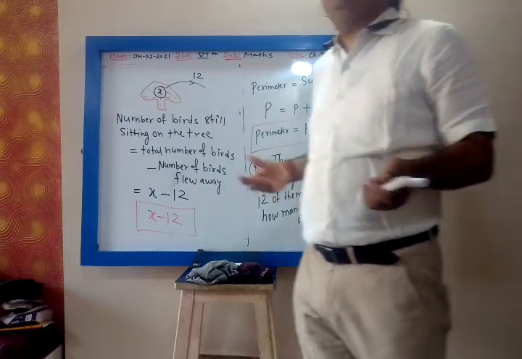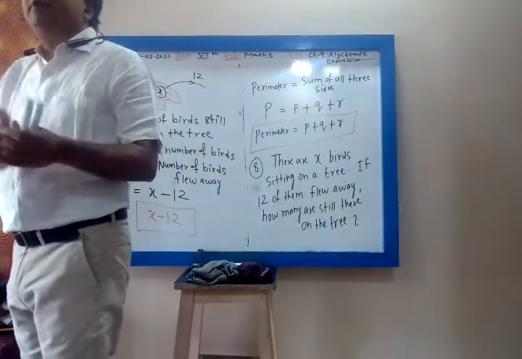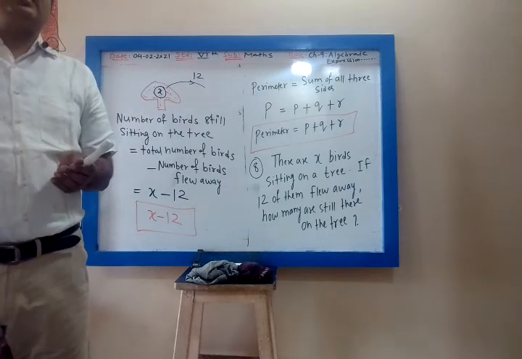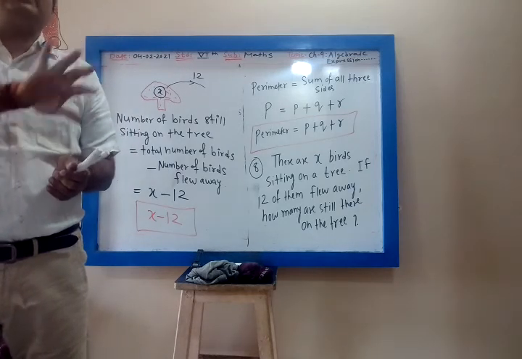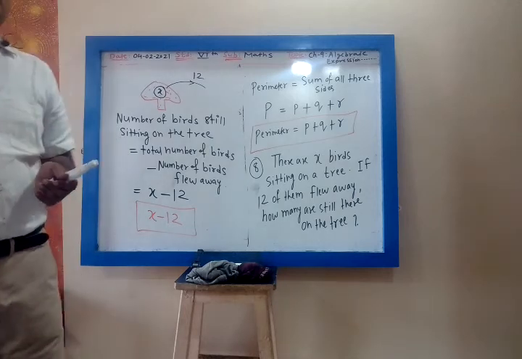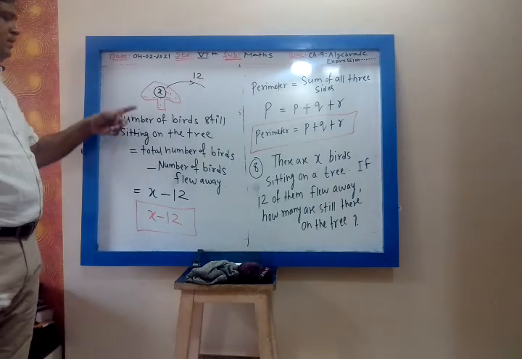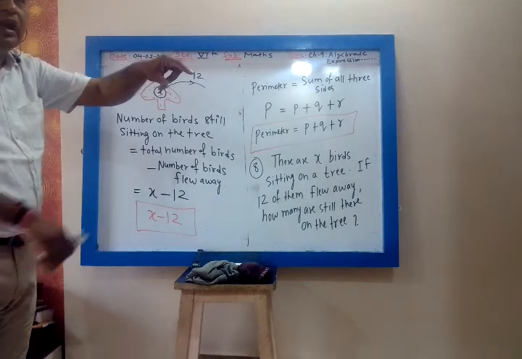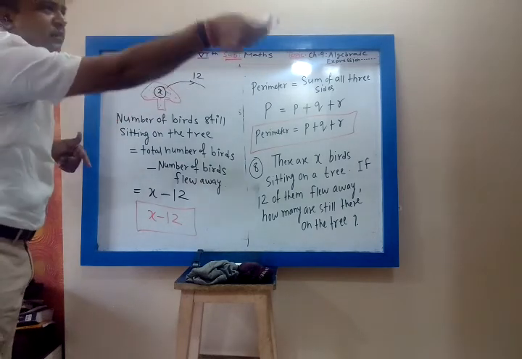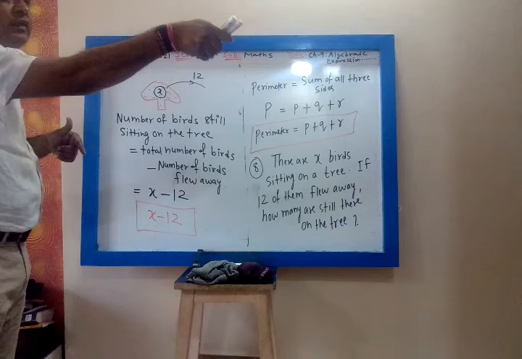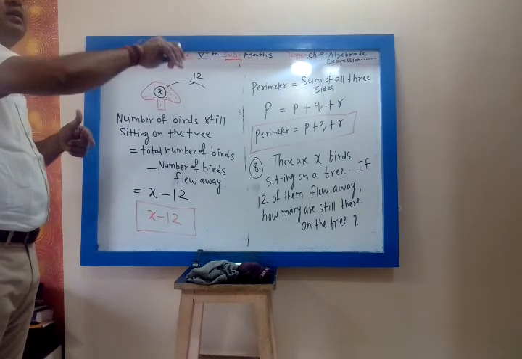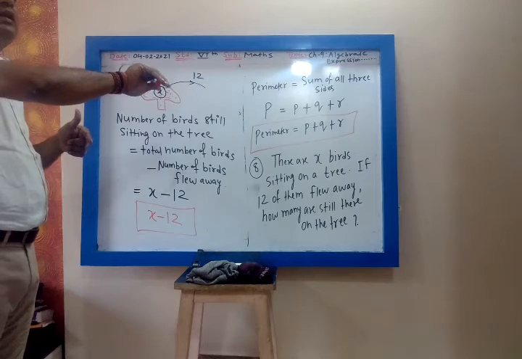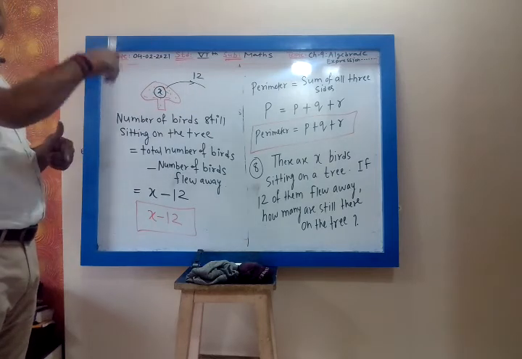This is just like the example. You have 5 rupees. You have spent 2 rupees. How much amount is remaining with you? 5 minus 2, that is 3 rupees. The same question. There are X number of birds sitting on the tree. Out of X birds, 12 flew away. So when 12 flew away from total number of birds, you have to subtract 12 from that X. That will be the remaining number of birds sitting on the tree.